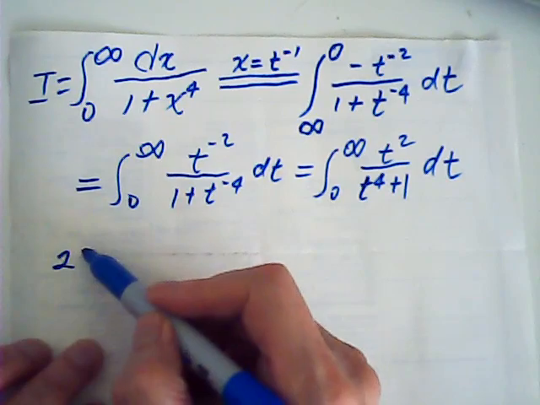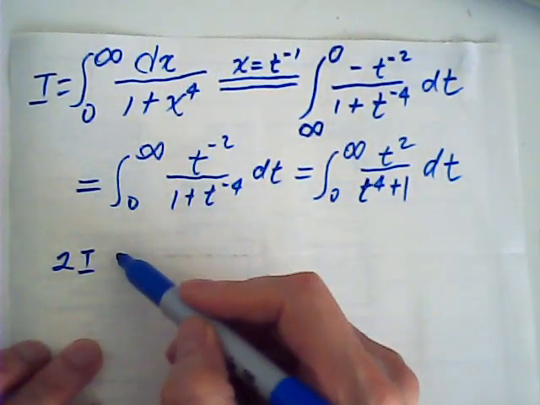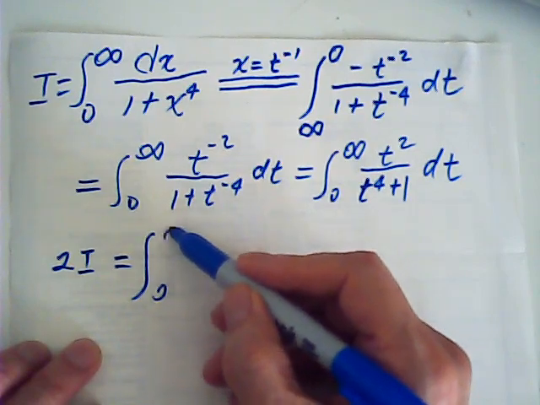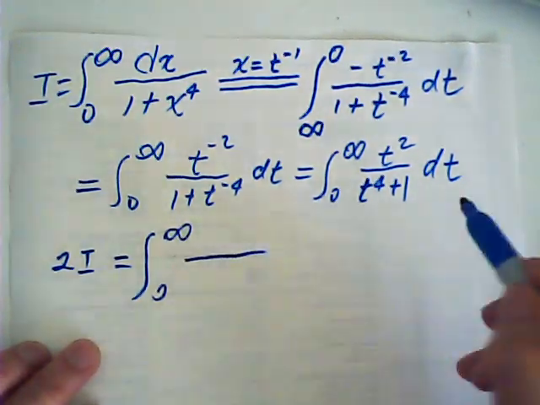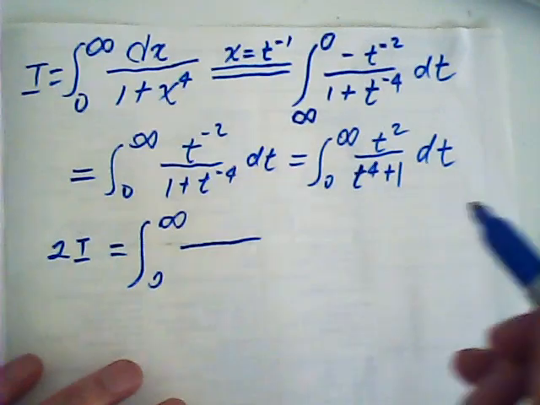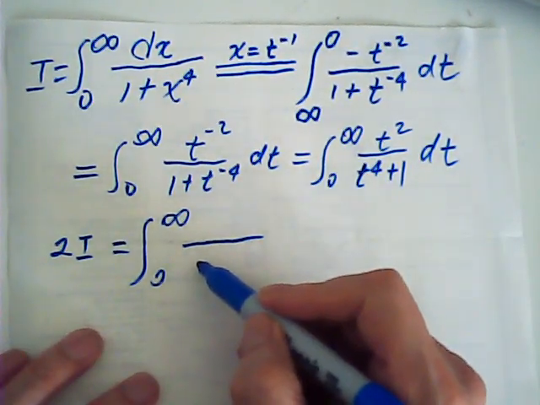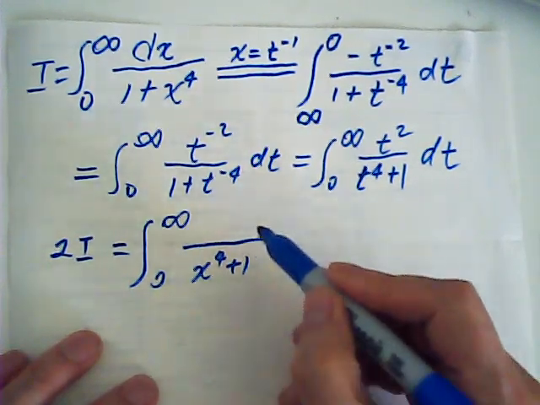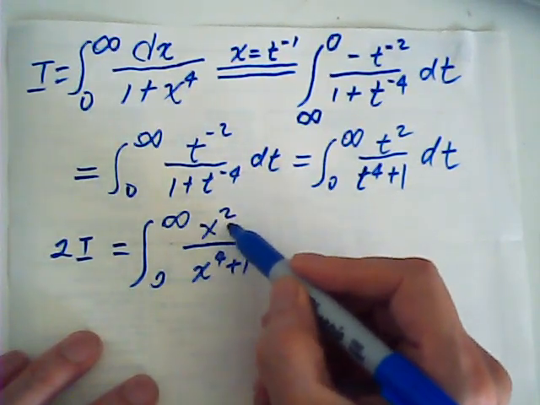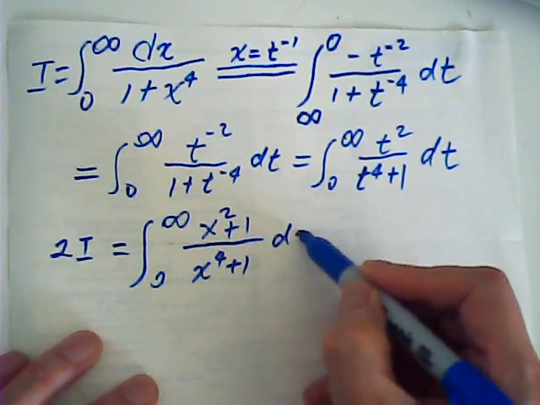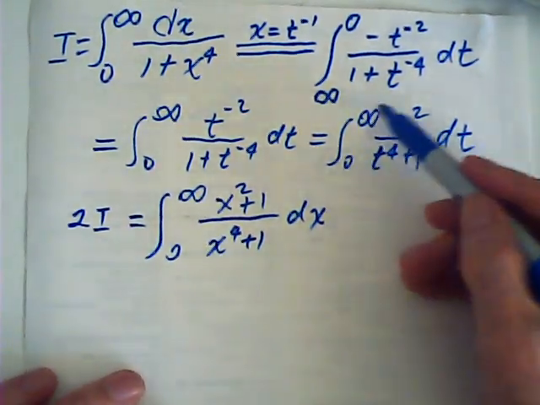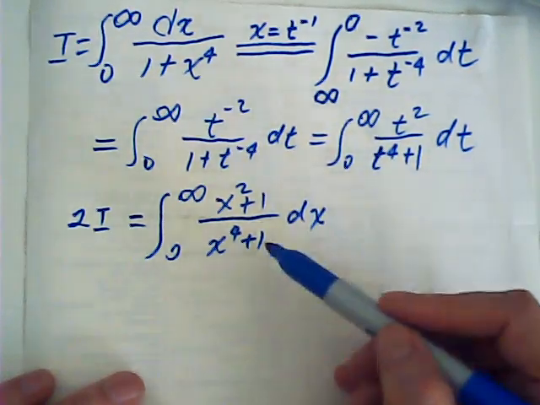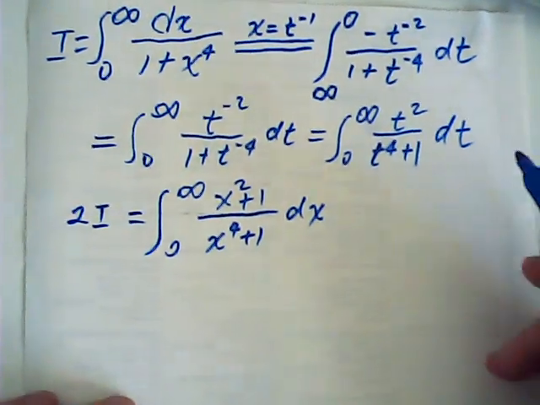So then 2I becomes, adding these up, the integral of x to the fourth plus 1, right? And x squared plus 1 dx. Yeah, this is I, this is also I. And I change the dummy variable to x, then you have this.